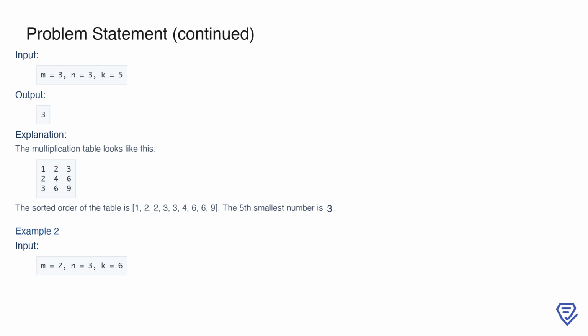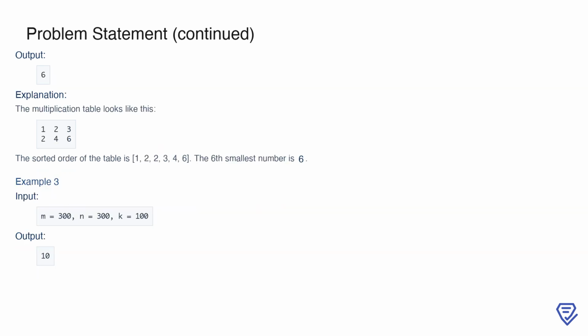If we sort all the numbers in this table in ascending order, we get the sequence 1, 2, 2, 3, 3, 4, 6, 6, 9. Since we need the fifth smallest number, we look at the fifth position in this sorted array, which gives us the value 3. So, the output for this case is 3.